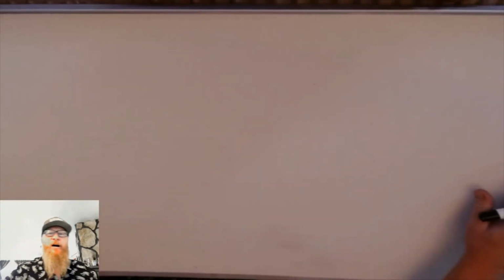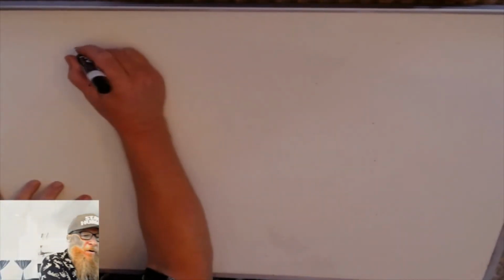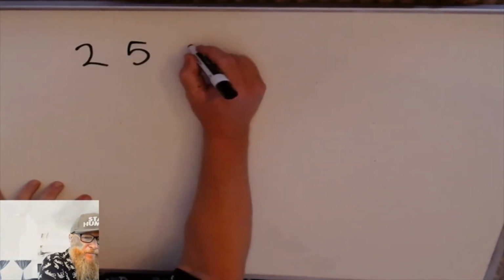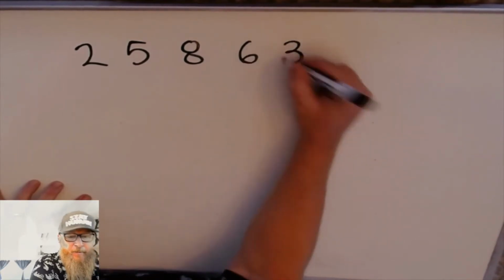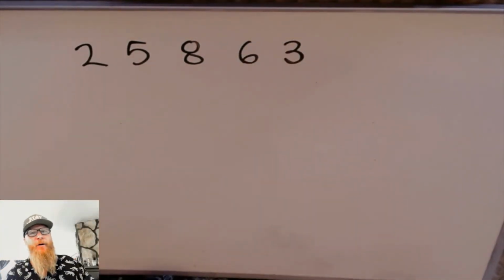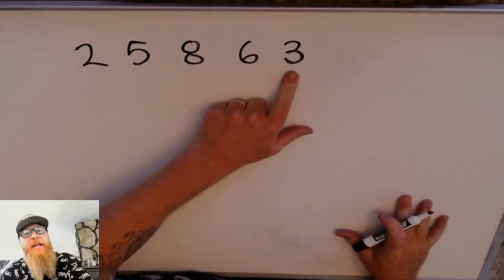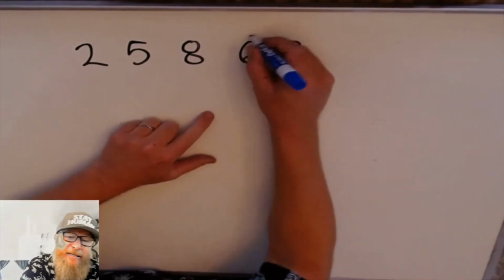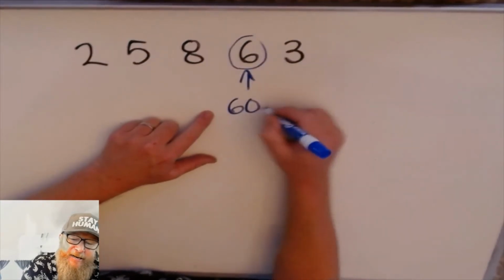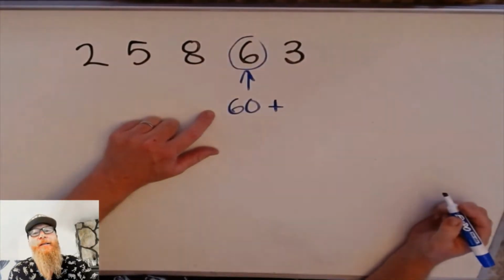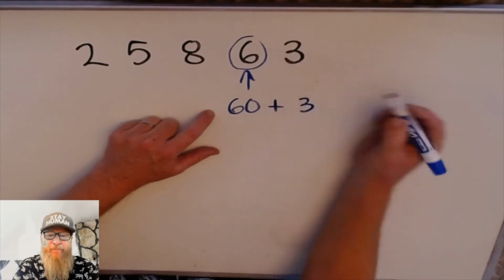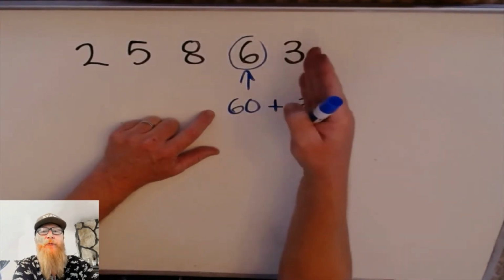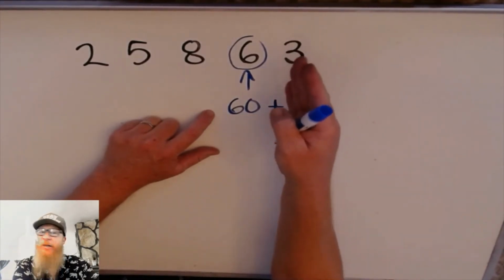Now, one thing you probably learned when you're very young is that when we write numbers, 3 means 3, but 6 doesn't really mean 6. 6 actually means 60. The 3 does mean 3. The first digit, the farthest right digit, is the only digit that's true.